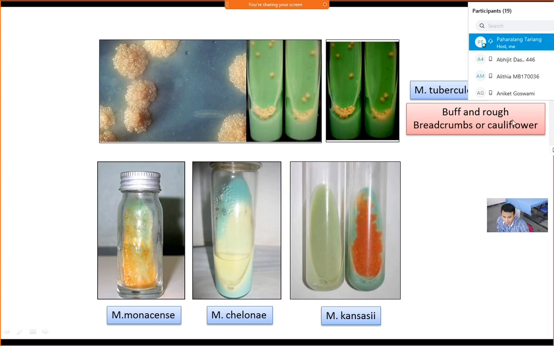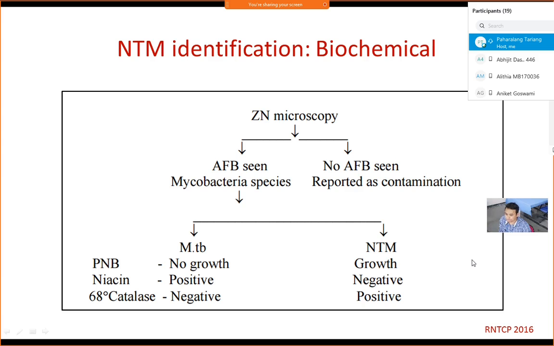So as you probably would remember from your days in microbiology, Mycobacterium, the characteristic description is your buff and rough colonies, which we also call breadcrumbs or cauliflower. Whereas here we have Mycobacterium abscessus, Mycobacterium chelonae, and Mycobacterium kansasii, which has the characteristic red pigment.